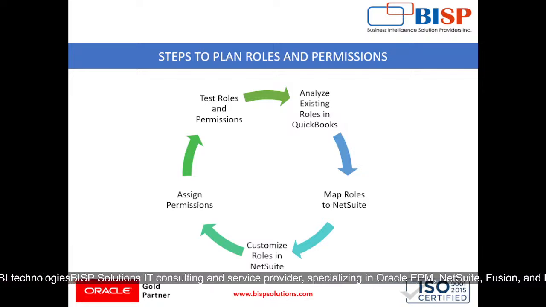For example, a sales role employee or user can view customer data but cannot edit financial data. After that, testing roles and permissions. So by validating that users have access to necessary features without over-permissioning, it will be covered in testing roles and permissions.